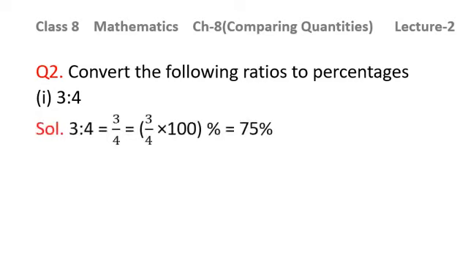So how will we do it? 3:4 can be written as 3 over 4. Then I need to convert it into percentage, so I will multiply it by 100%, and after cancelling out, your answer will be 75%. The second part you are supposed to do on your own. I hope you will be able to do that part.